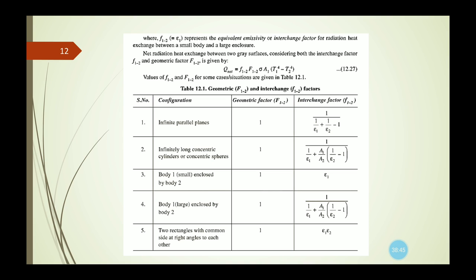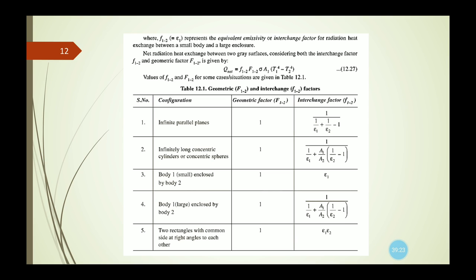Then based on these different equations and the concept of the shape factor, we discussed different numericals. For different geometrical shapes, whether a triangle, hemisphere, rectangle, or cylinder, we calculated the value of their shape factors, using the reciprocity relation and the different formulas of the shape factor algebra.